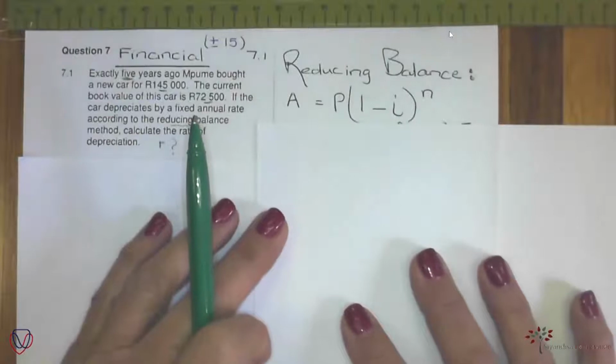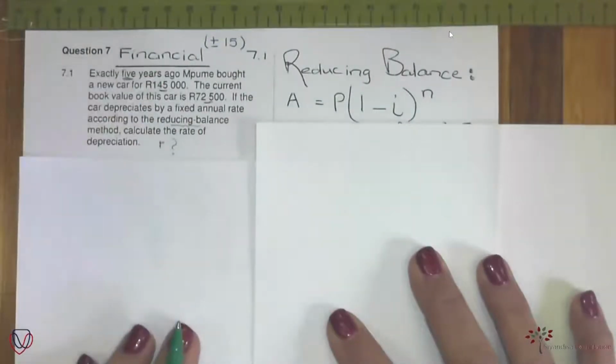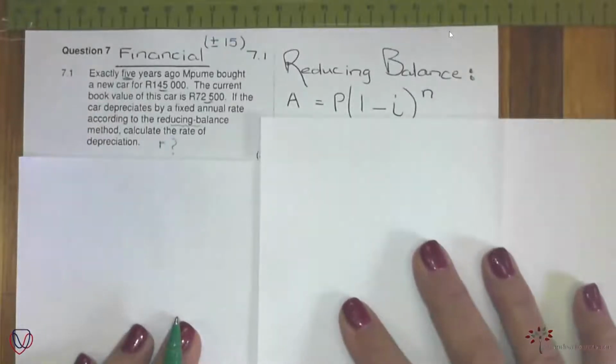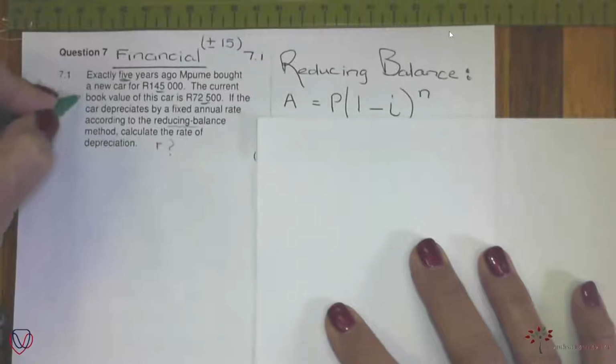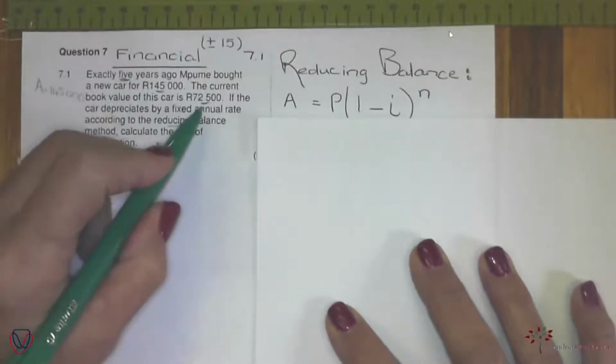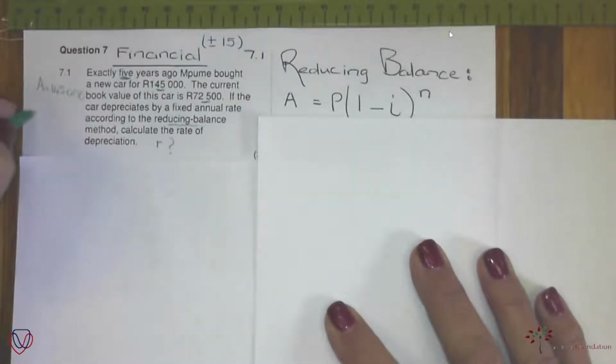Okay, people, now, she bought the car for 145. So what is A going to be? 145,000. I want to write it here. A is going to be 145,000. Then, after 5 years, the value was 72,500.